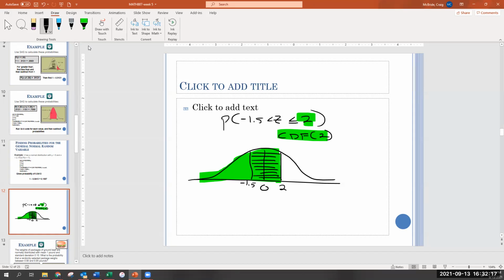Well, if we do a CDF of negative 1.5, that's going to give us this, because the CDF is always less than or equal to your value. And you can see pictorially, if you take the green stuff and subtract the blue stuff from it, you're left with the black stuff in the middle, which is what you want. So that's an in-between. All right, any other questions?